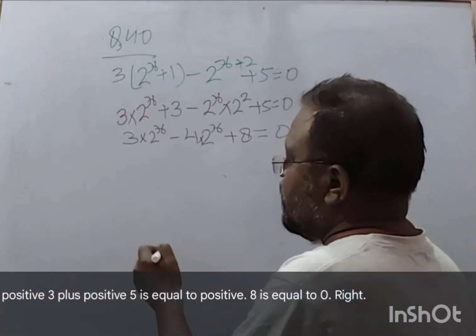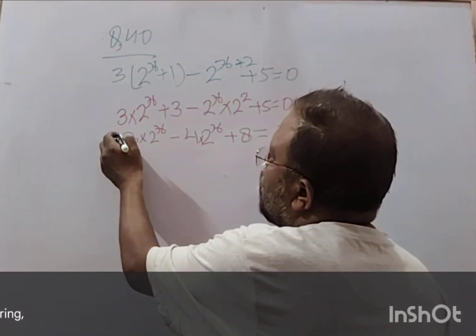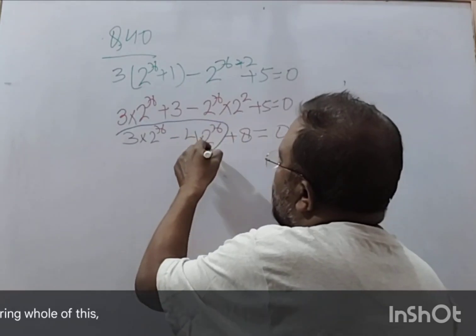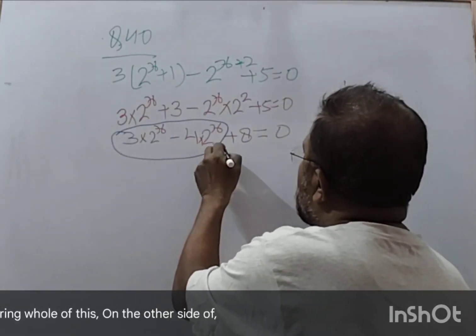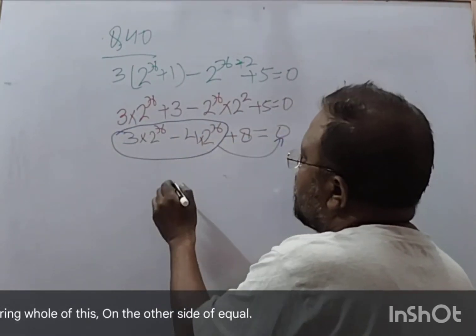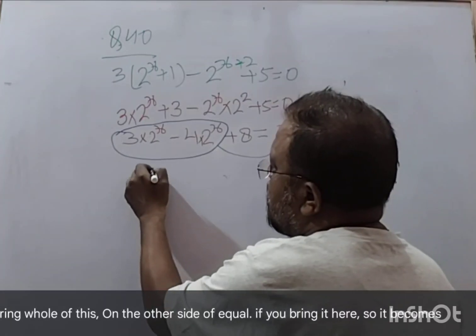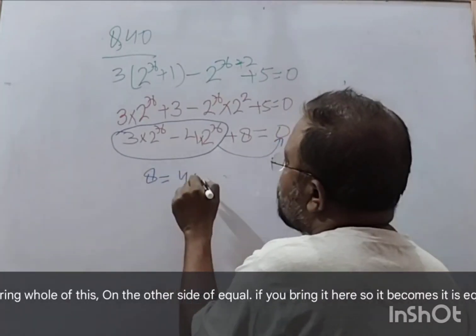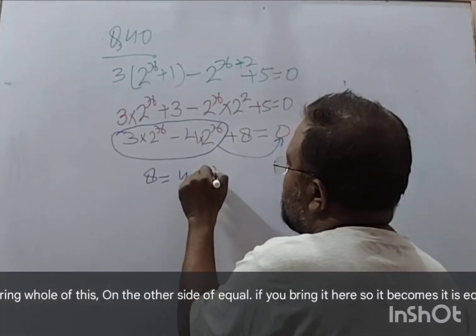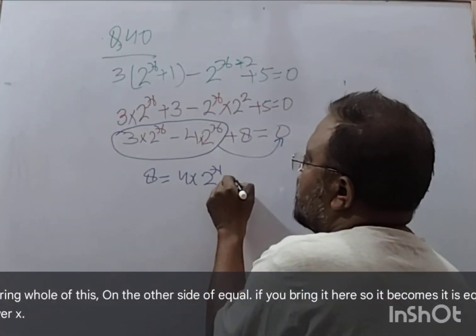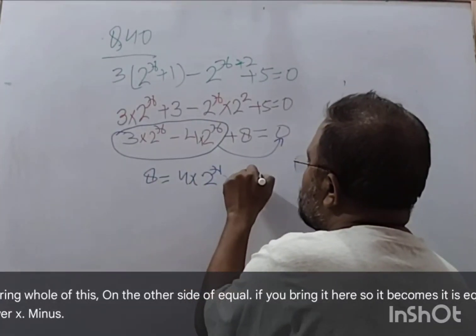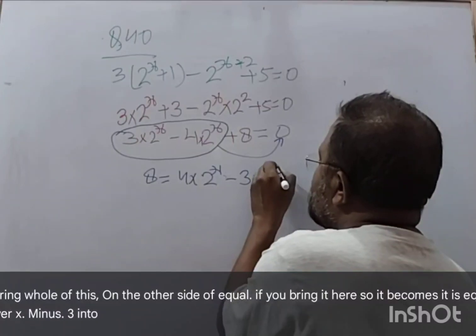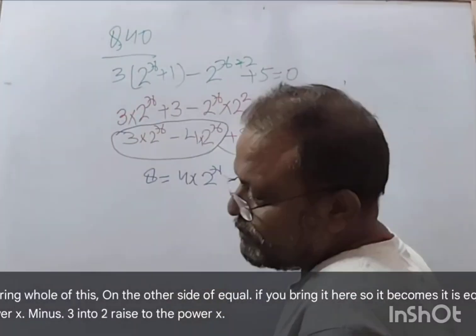If we bring the whole of this to the other side of the equal sign, it becomes 8 is equal to 4 into 2 raised to the power x minus 3 into 2 raised to the power x.